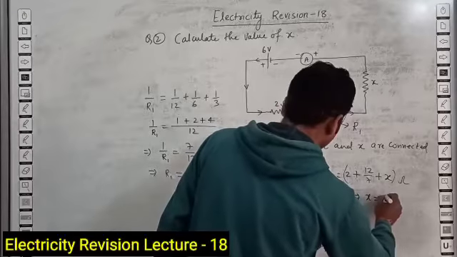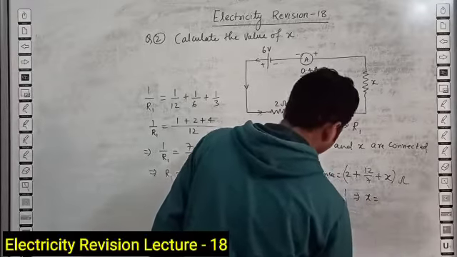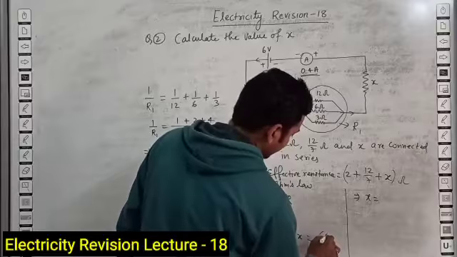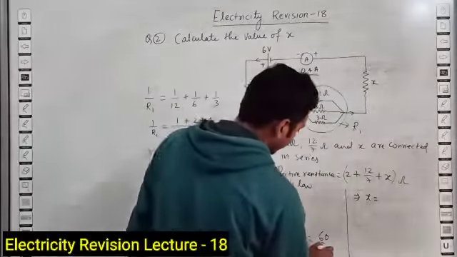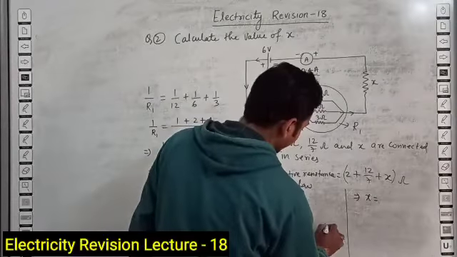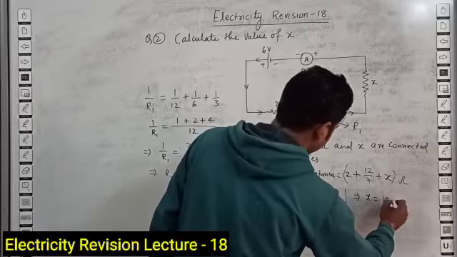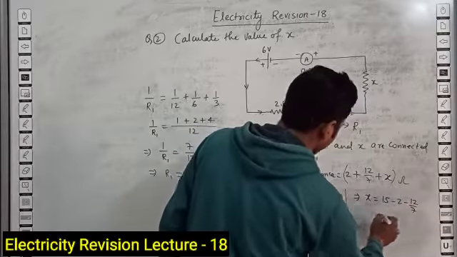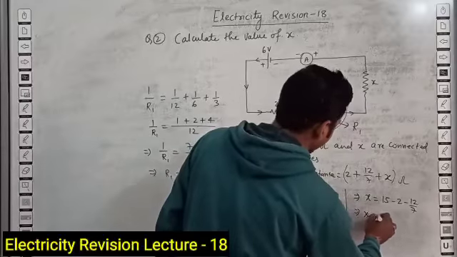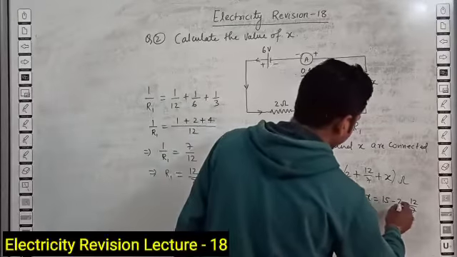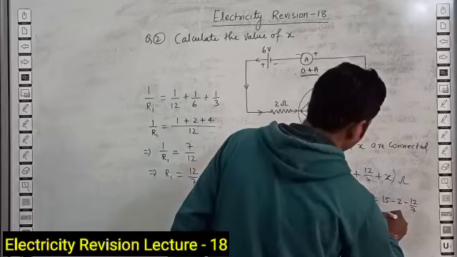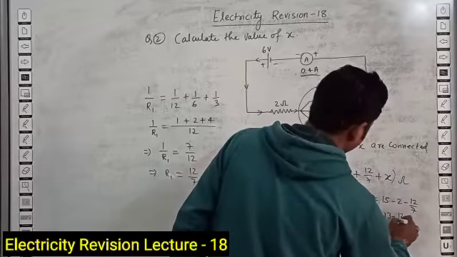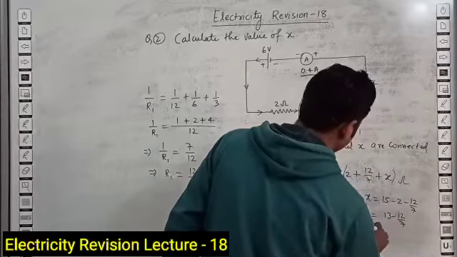X is equal to, we can write this decimal as 10 here, and this one 15. 15 minus 2 minus 12 upon 7. X is equal to 13 minus 12 upon 7.